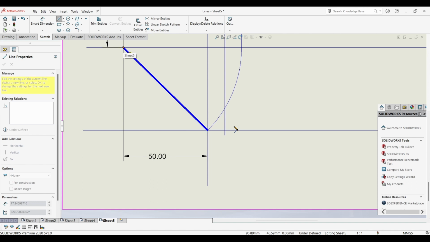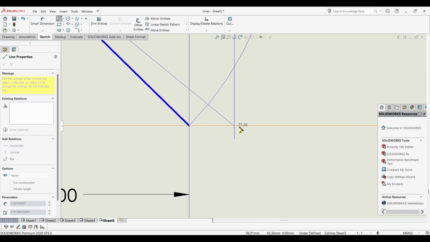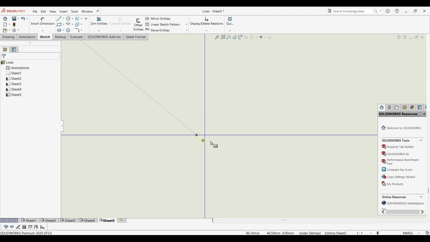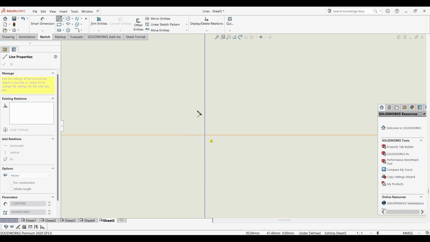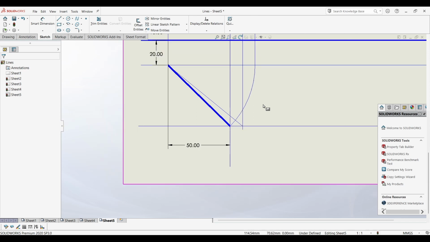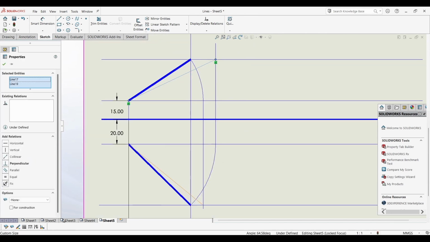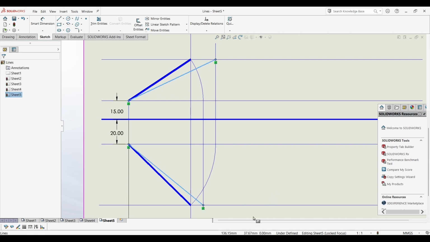Are they joined? No. From this point to this point. And this is our two length, so select these two and we will put this as 0.35. So we are done with this one.